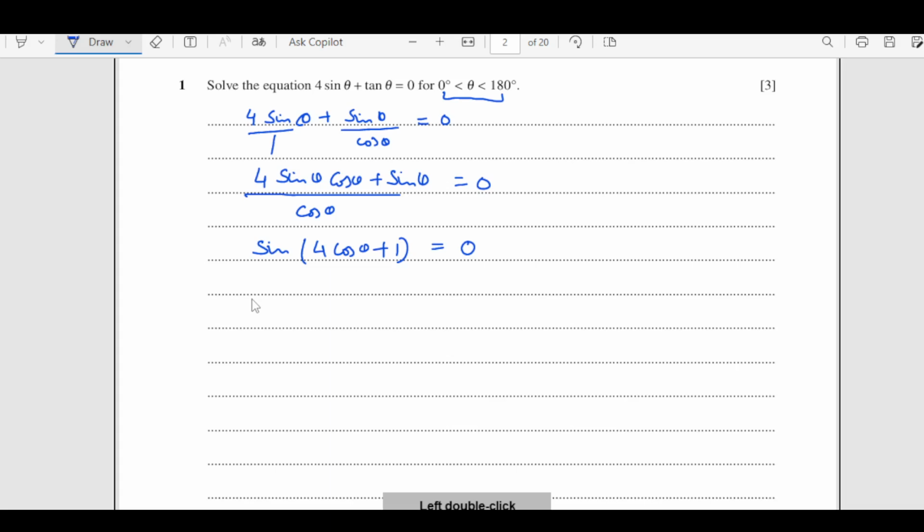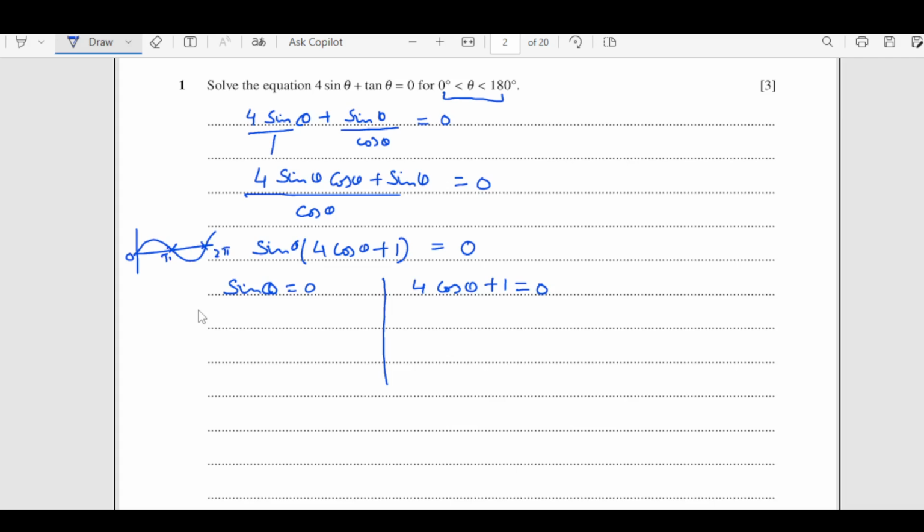Now from here we have two options: either sin theta is equal to 0 or 4 cos theta plus 1 is 0. For sin theta is 0, we will be using the graph. The graph of sine is like this. This is 0, this one is pi, and this is 2 pi, when the sine is 0.